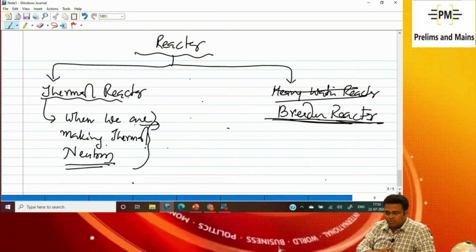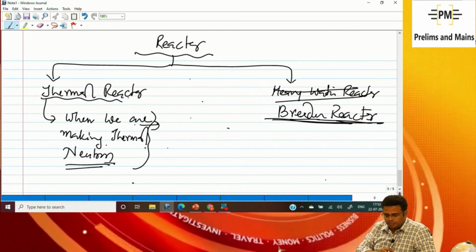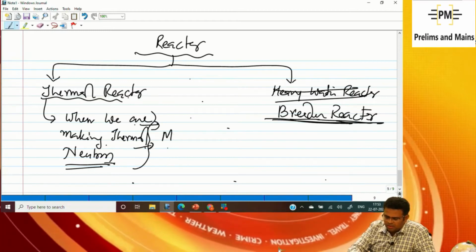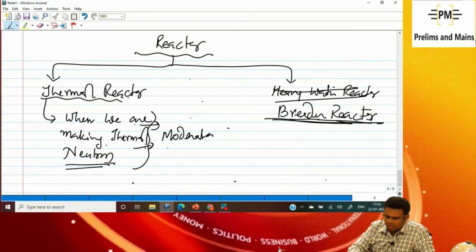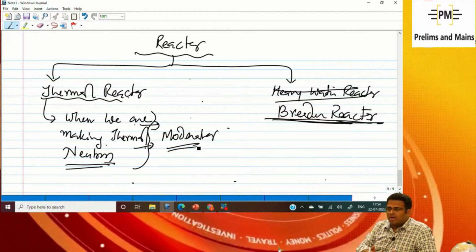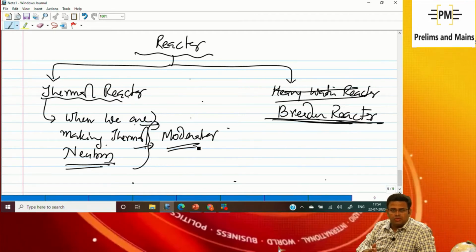My question is to you. We make thermal neutrons with the help of a moderator. The moderator reduces the speed of the neutrons, and all the neutrons become thermal neutrons.